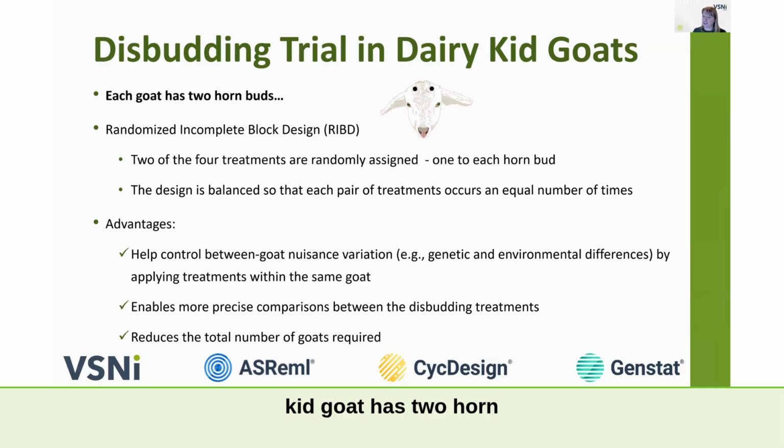each kid goat has 2 horn buds. Therefore, we landed on a randomised incomplete block design. So in this design, 2 of the 4 disbudding treatments are randomly allocated, 1 to each horn bud on a kid goat.